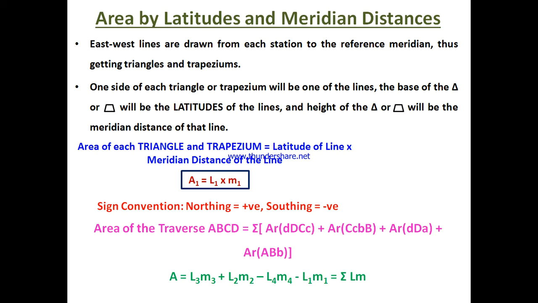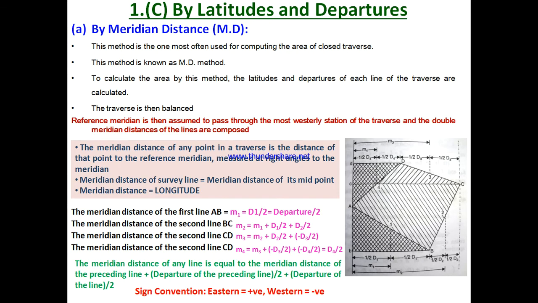So let's move to the next part, that is how to calculate the area from these latitudes and meridian distances. Now east-west lines will be drawn from each station to the reference meridian. In this manner we get either a trapezium or a triangle. Suppose I need to determine the area of this traverse.